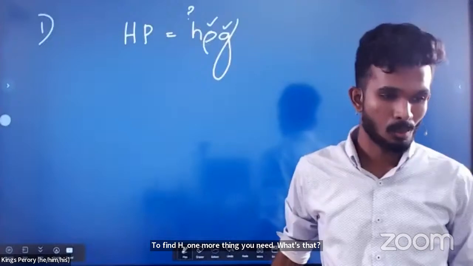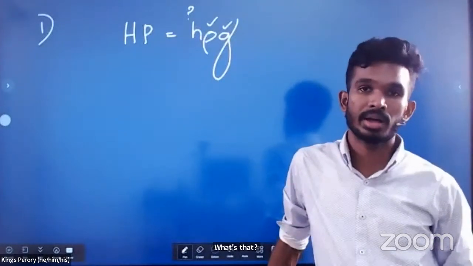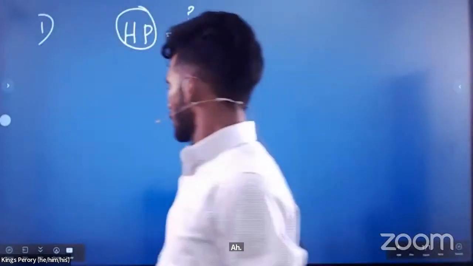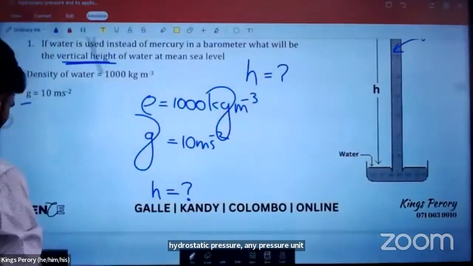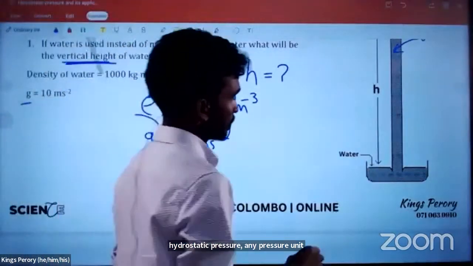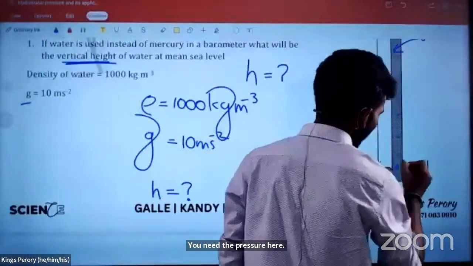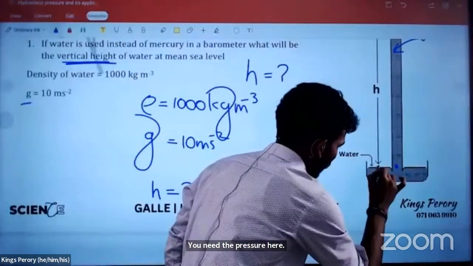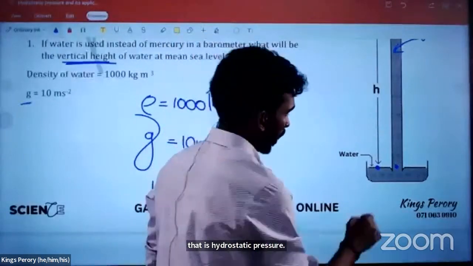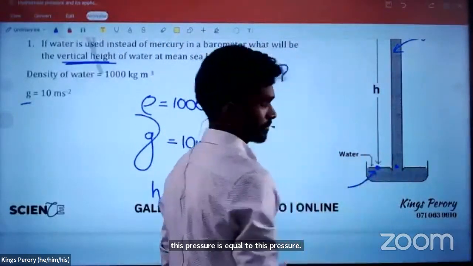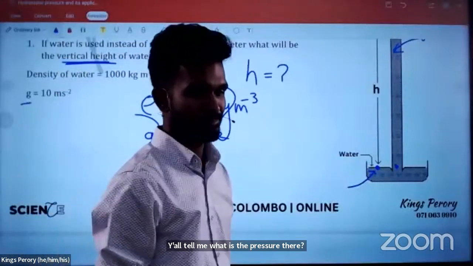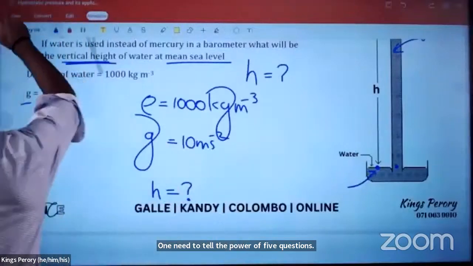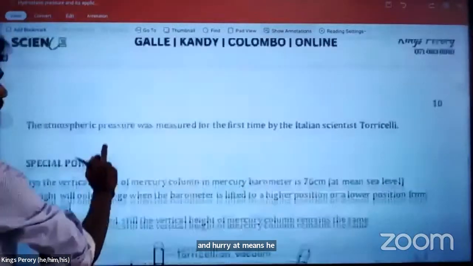Hydrostatic pressure. You need the pressure here. This pressure is equal to this pressure. Tell me, what is the pressure there? 1 into 10 to the power 5 pascals. At mean sea level, we already calculated the atmospheric pressure.